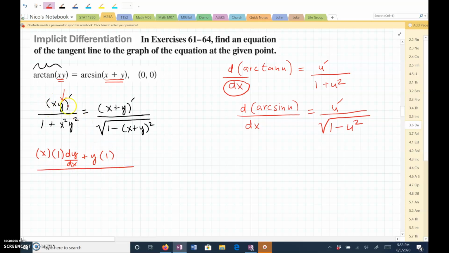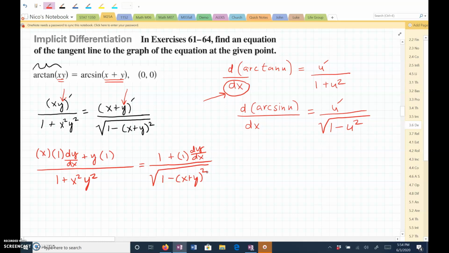So I did the product rule up there, all over 1 plus x squared y squared equals, okay, the derivative of x would be 1, the derivative of y is 1, but again we need to do dy/dx because this would involve implicit differentiation because we're taking the derivative of y where it needs to be in terms of x. All over the square root of 1 minus x plus y squared.